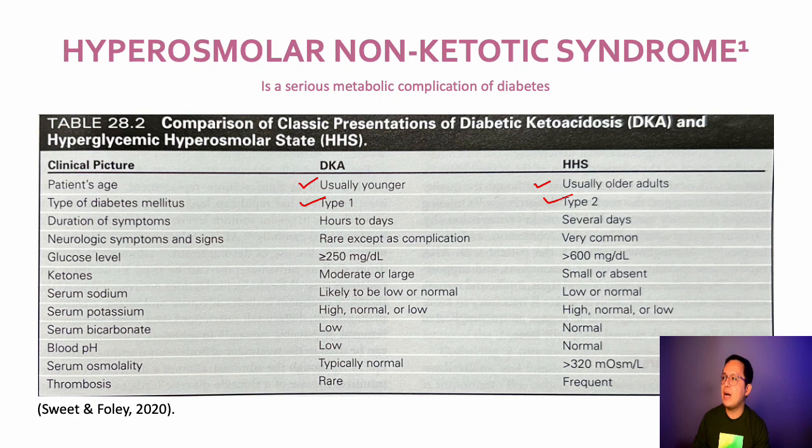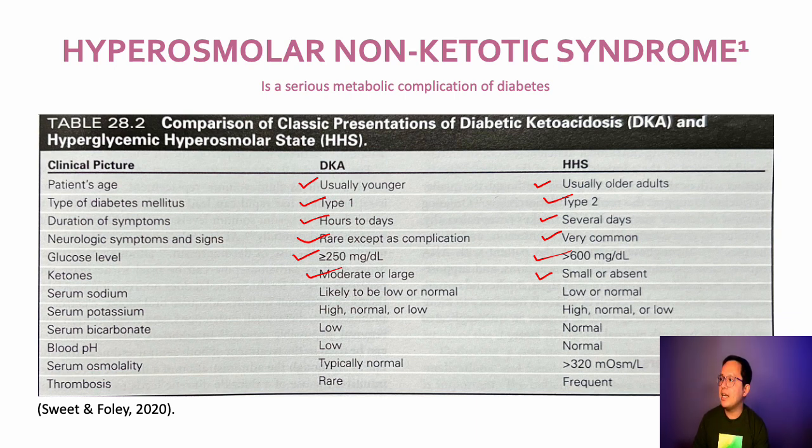Duration of symptoms: hours to days for DKA, several days for HHS. Neurologic symptoms and signs are rare in DKA except with complications, while neurologic symptoms in HHS are very common. Glucose levels are greater than 250 mg per dL in DKA, and 600 mg per dL in HHS. Ketones are moderate to large in DKA, small or absent in HHS. That is a characteristic of HHS: there is no ketoacidosis.